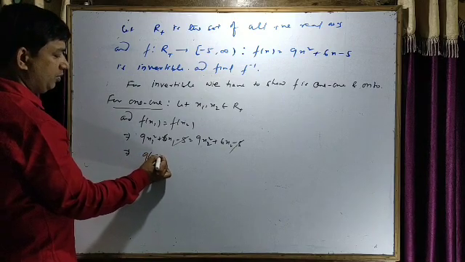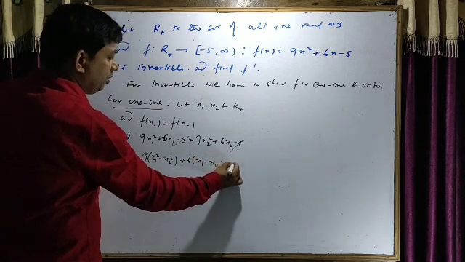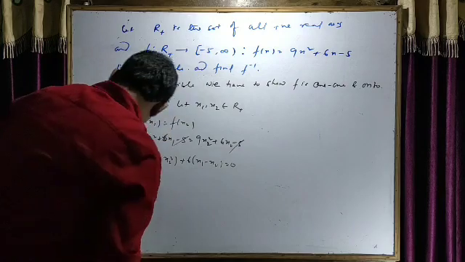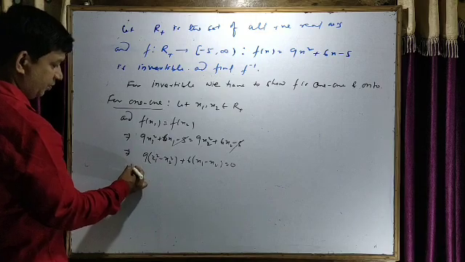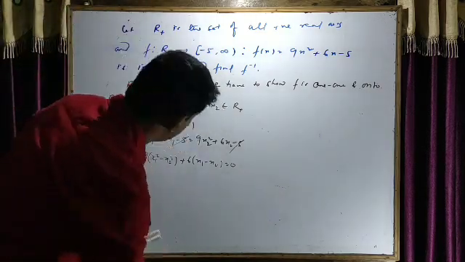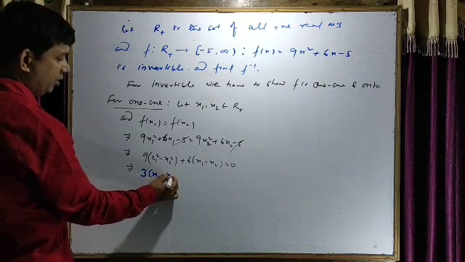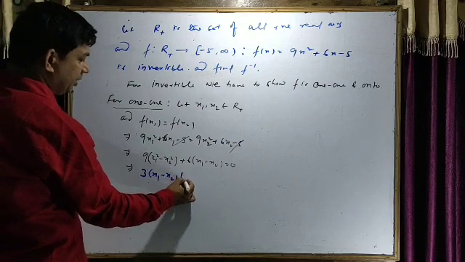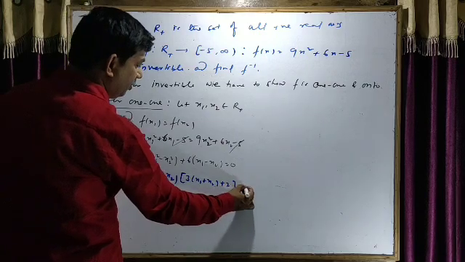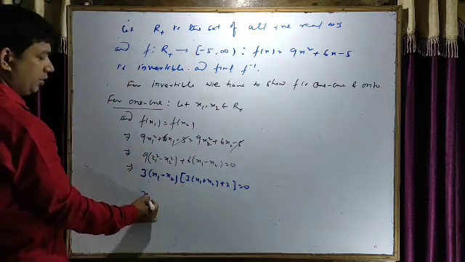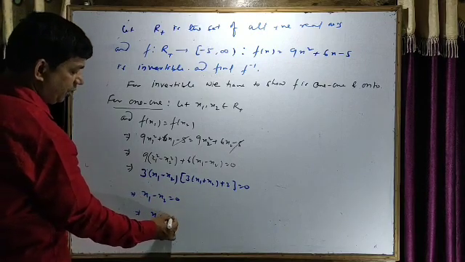If you take 9 common, then x1 square minus x2 square, plus 6 common, then x1 minus x2, equals 0. Now 3 and x1 minus x2 is common, so 3(x1 plus x2) times 3 is 9, x1 plus x2, plus 6 equals 0. This is never 0, so x1 minus x2 is only 0. So x1 equals x2.